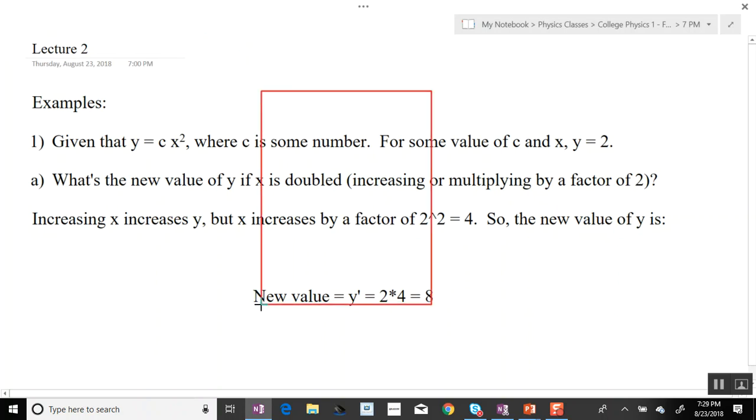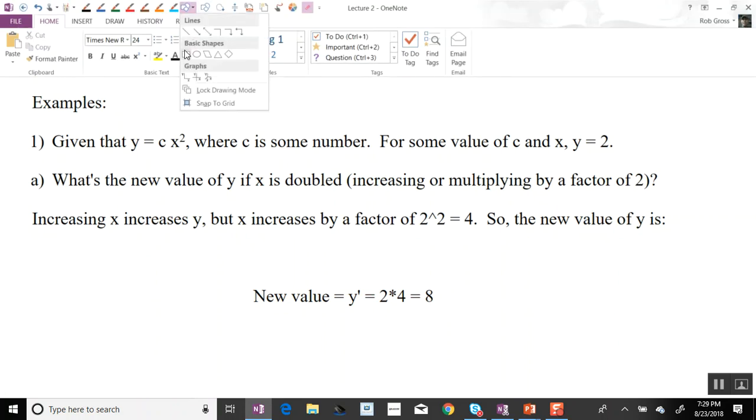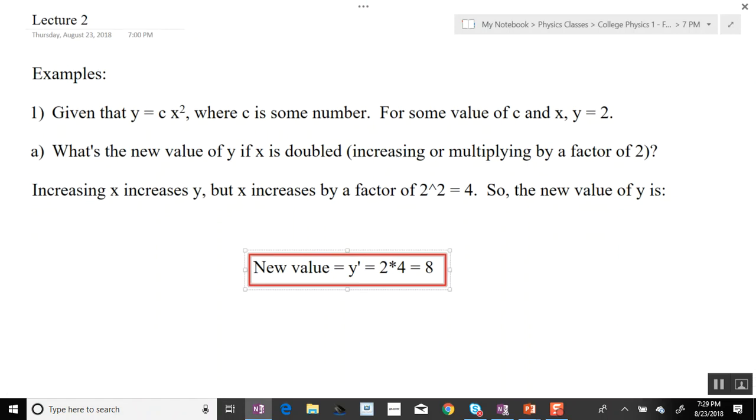Hopefully it does. It's not super hard. Okay, so we're going to do another example using the same equation here. All right, so the next part is, using the original given information.